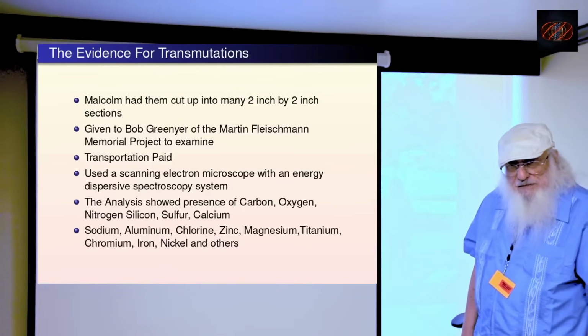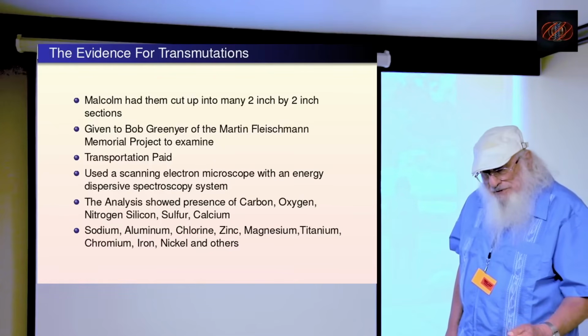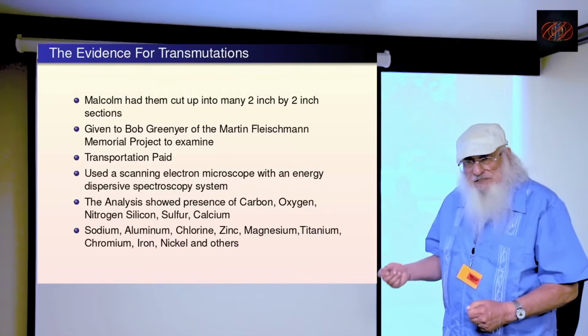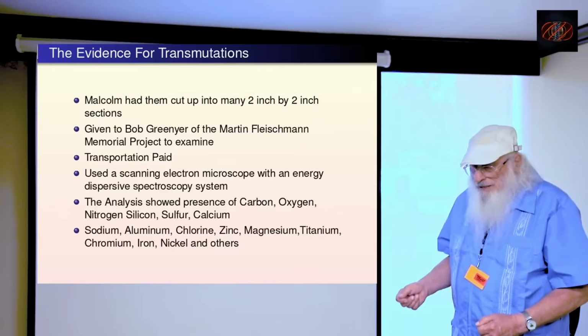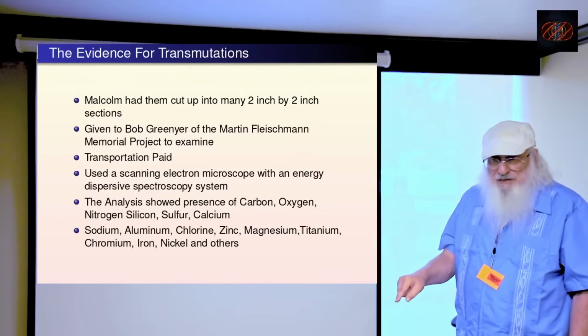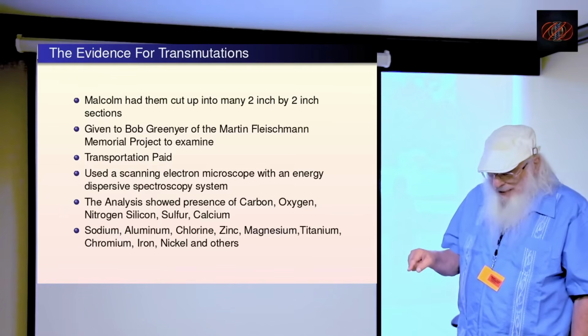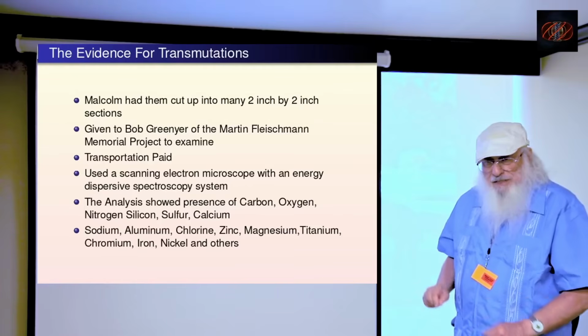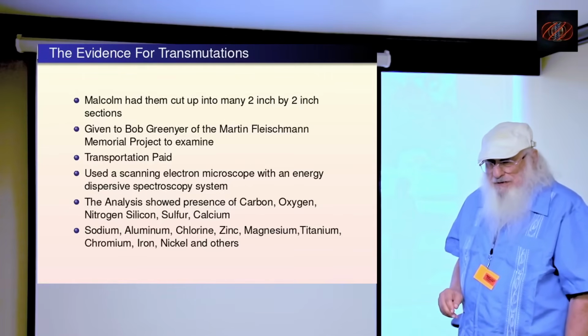The analysis of those residues was done by a scanning electron microscope, which had an energy dispersive spectroscopy system, which means if you mark, this is the place I want to look, you place the electron beam there, at a point, at a circle, among a line segment, however you want to do it.